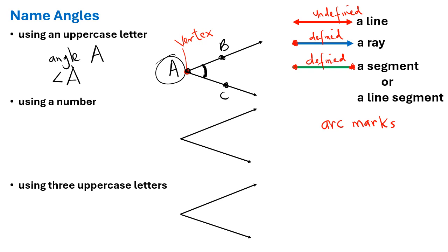All right, so we can also use numbers. For example, I can mark this angle right here, and this is the vertex. I can mark this angle and label that 1. This means angle 1. So this is one case where you can use numbers as variables.